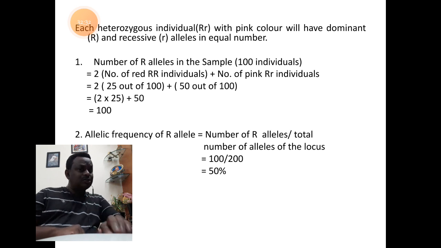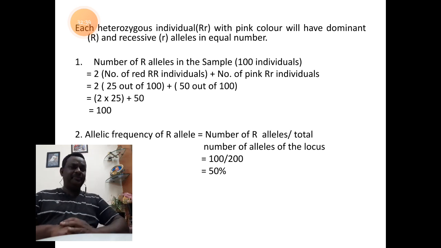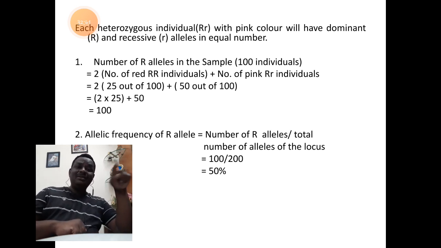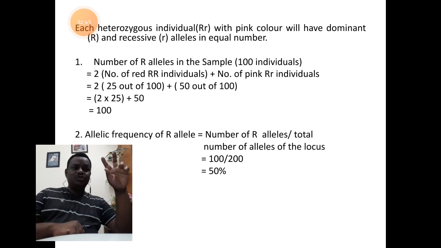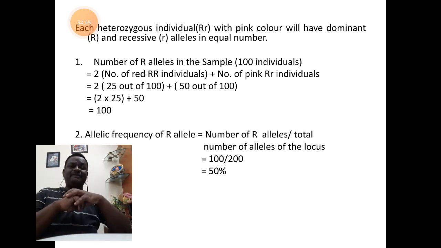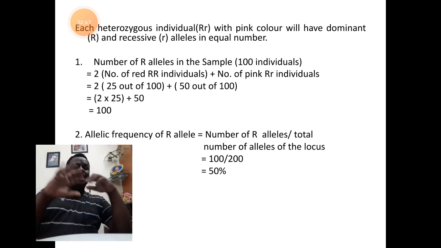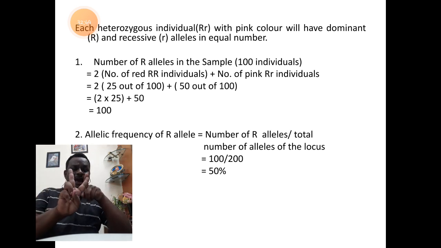But there are also capital R alleles in pink flowers. How many pink flowers are there? 50. Only one capital R is present in them. So when we take total R alleles into account, 25 individuals will have capital R and capital R, so the total number of alleles in 25 individuals is 50.